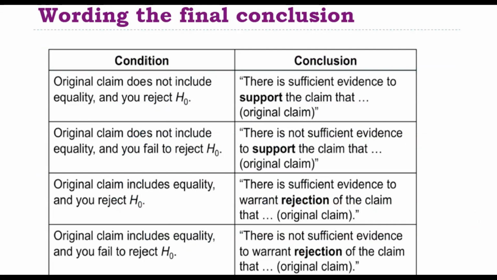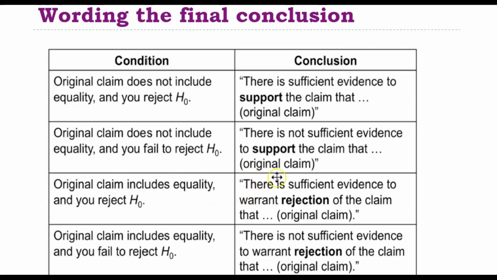We can use the help of the table to word the final conclusion in non-technical terms. Our original claim does include equality. So we are right here in these two categories. Original claim includes equality, and we reject the null hypothesis.